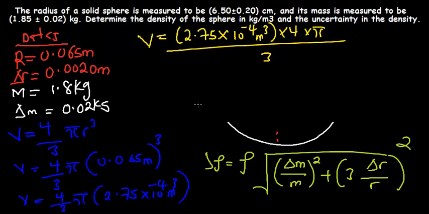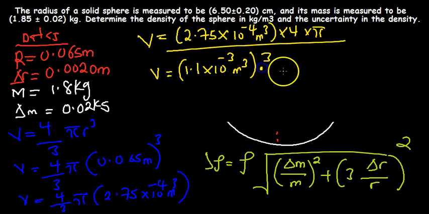If you multiply 2.75 exponential negative 4 in meter cube by 4, what are you going to get? So this is simply going to be 1.1 exponential negative 3. So our volume is going to be 1.1 exponential negative 3. Remember to put your unit, which is going to be in meter cube.